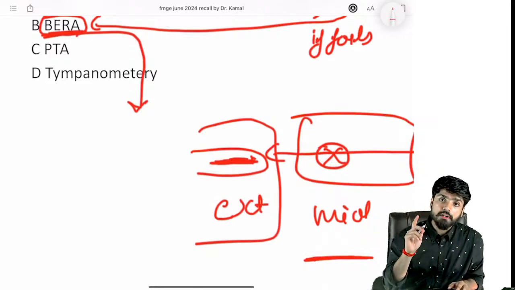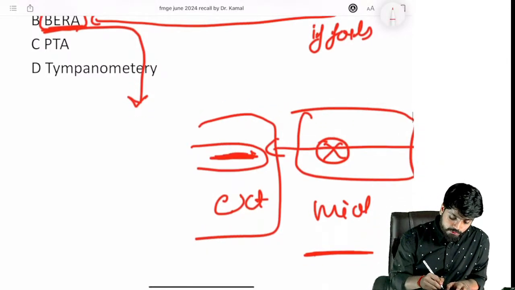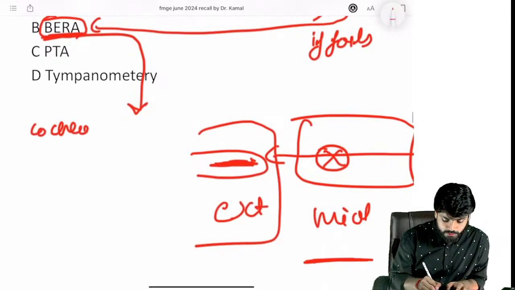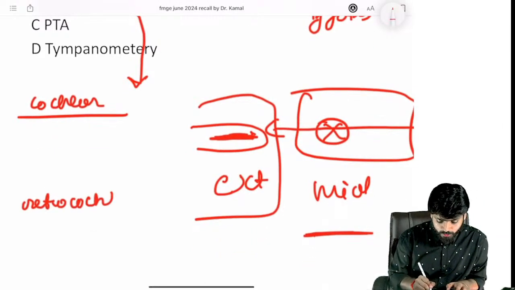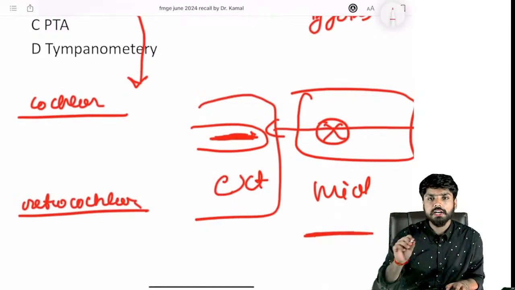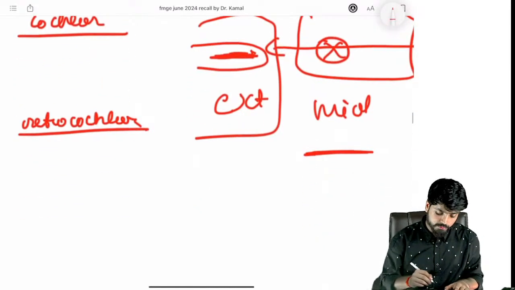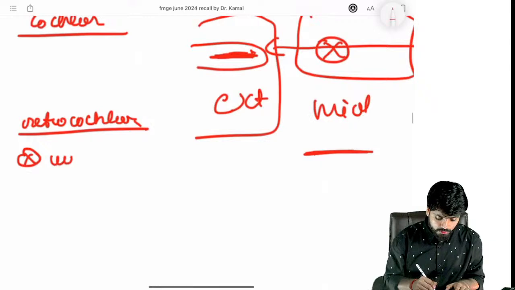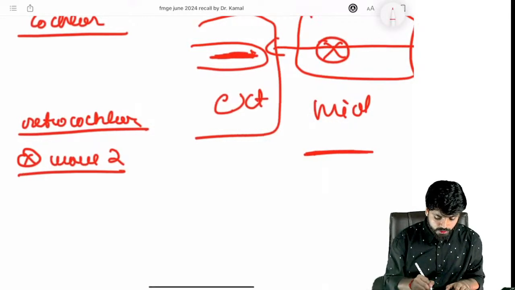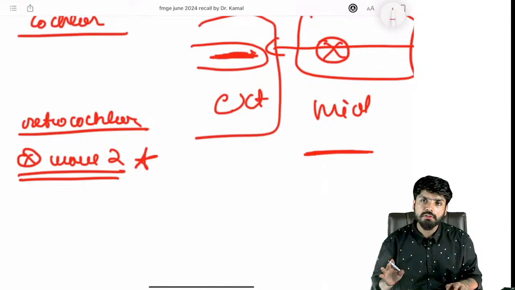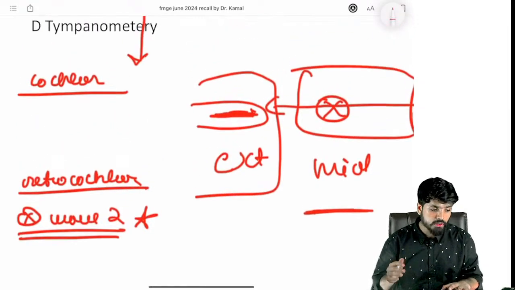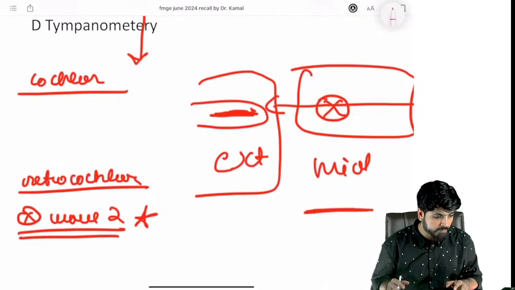One very important thing to remember about BERA is that it helps to differentiate between cochlear and retrocochlear. It's a straightforward fact that you have to remember: there is no wave 2 in retrocochlear. So that's how BERA helps us in this case.